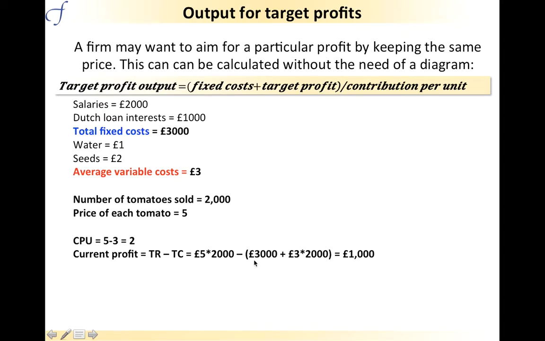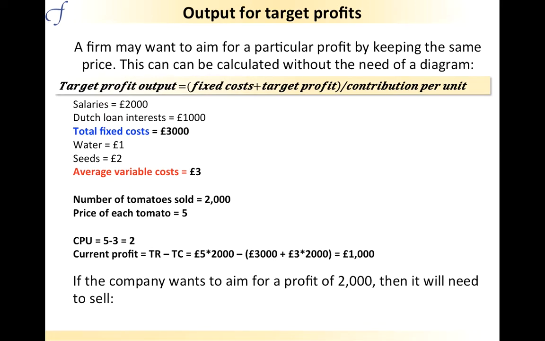And the total costs are equal to £3,000 in fixed costs, plus the £3 in average variable cost times the number of units sold, 2,000. And that's equal to £1,000. Suppose that our company wants to aim for a profit of £2,000. Then we need to calculate how many units it should be selling in order to reach those £2,000 in profit.